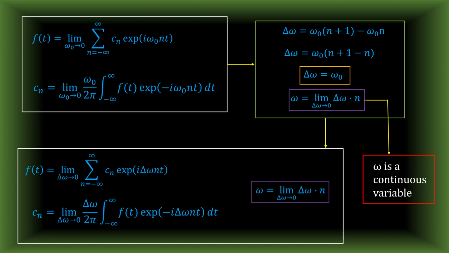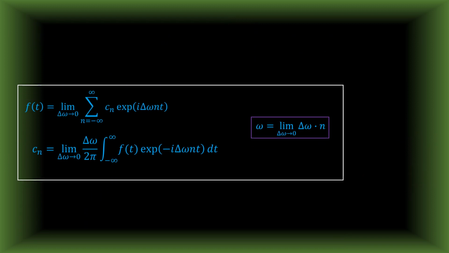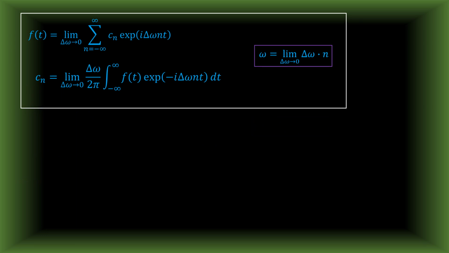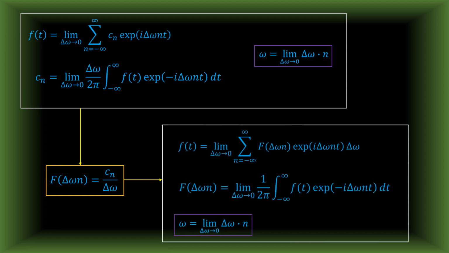So if we make the substitution of delta omega for omega naught, and we keep in mind the definition of omega, then we have this over here. And let's move it over here. More processing. So we will define capital F of delta omega times n to be c sub n over delta omega.